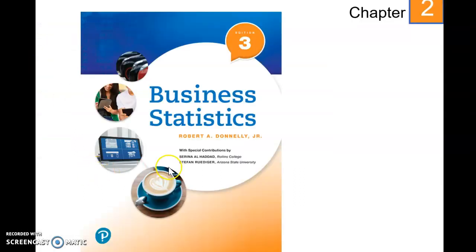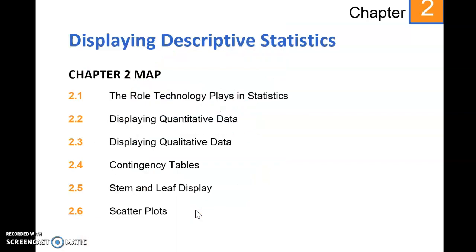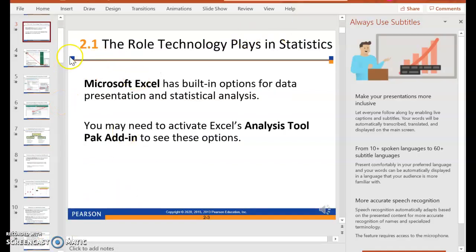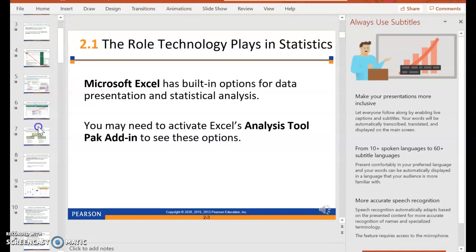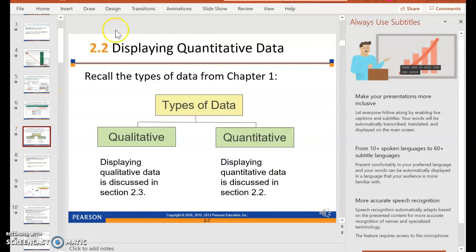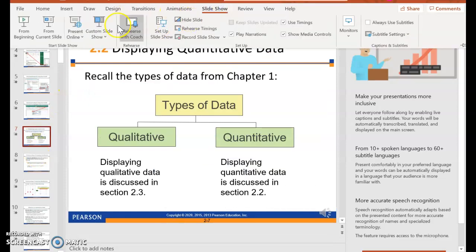Okay, so now we're going to get started on chapter 2. And here are some of the things we're going to talk about. So if you go to slideshow and start from the beginning, or if you want to start on 2.2, you could go to slideshow and say play from current slide.